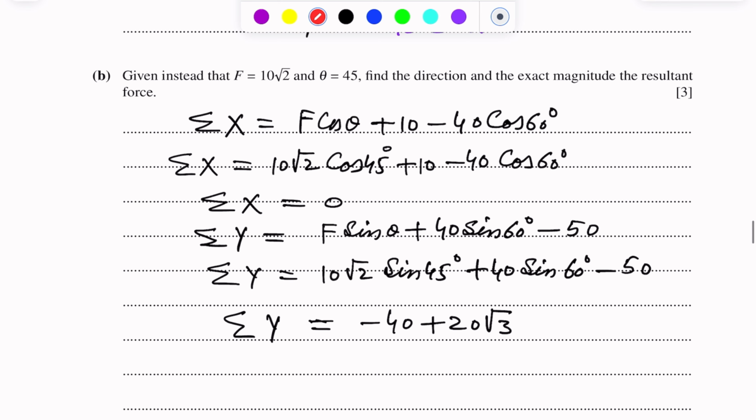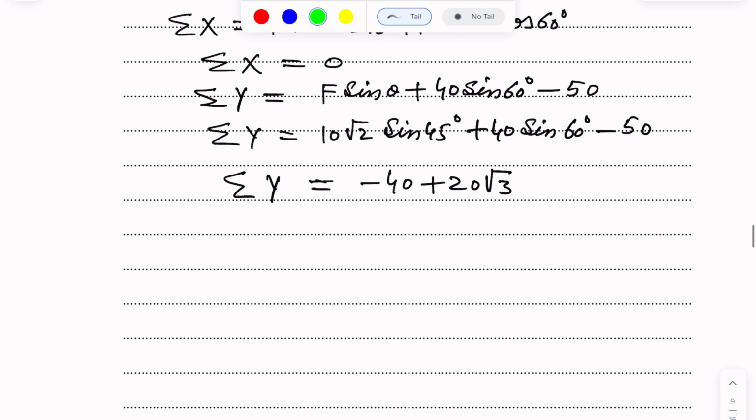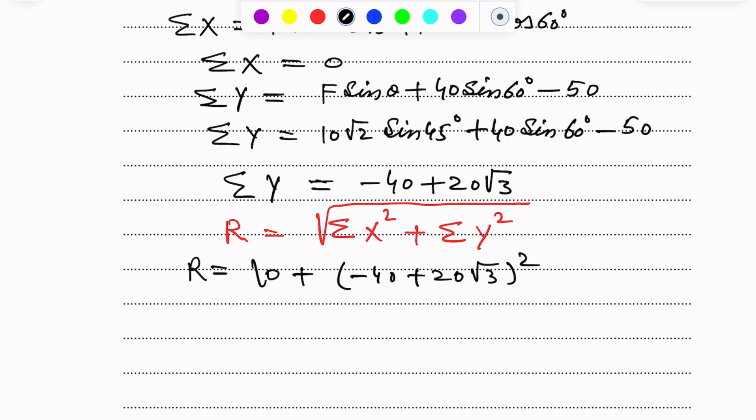Now we will find the magnitude of the resultant force. This is the formula: the square root of summation x square plus summation y square. Putting the values, we get r equal to the square root of 0 plus minus 40 plus 20 under root 3, whole squared.